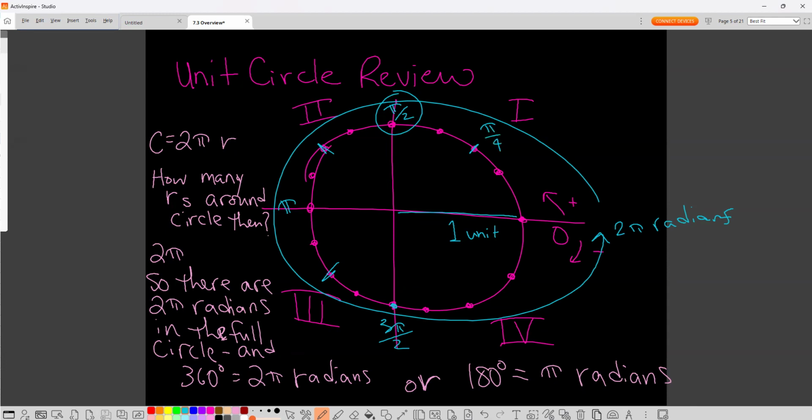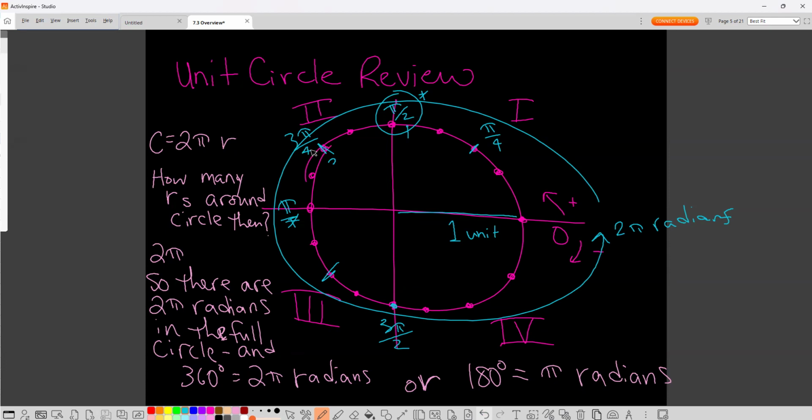And halfway between the pi over 2 and this pi over here would be 3 pi over 2. I'm sorry, that's not quite right. 3 pi over 2 isn't in that spot. Halfway between a half a pi and a whole pi would be 3/4 of a pi.